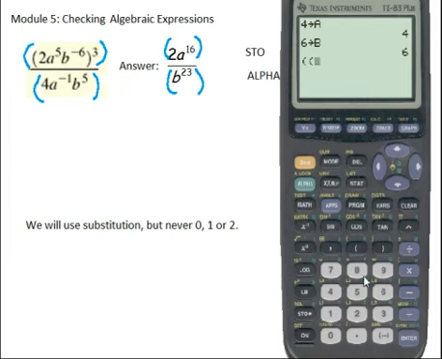Alright, so I have parentheses, parentheses, 2 alpha A raised to the 5th, B, which would be alpha B raised to the negative 6, caret key, negative 6.